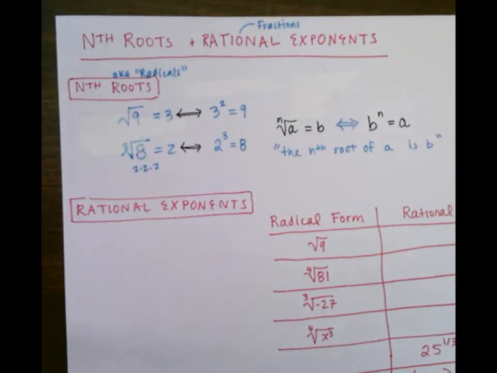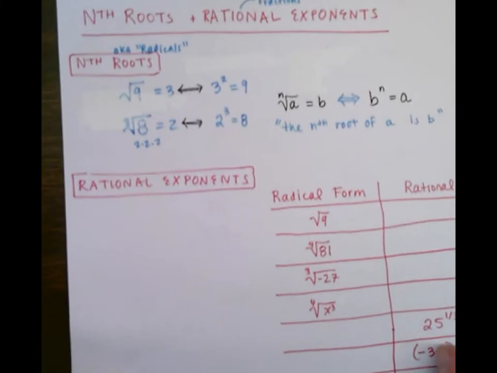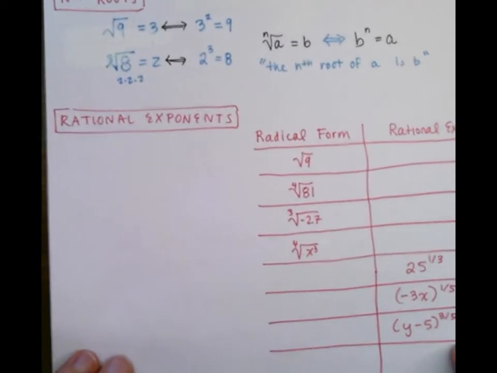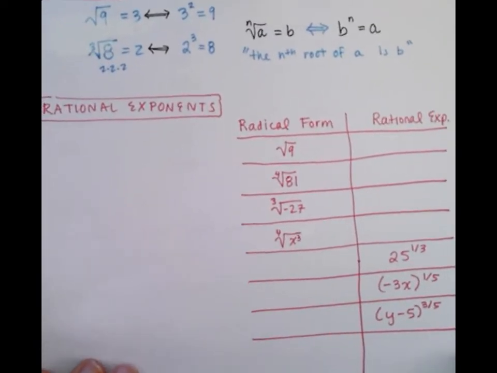So let's now get into how roots relate to rational exponents. This is getting at the exploration that we did in class today, which showed that x to the 1/2 is doing the same thing as the square root of x.